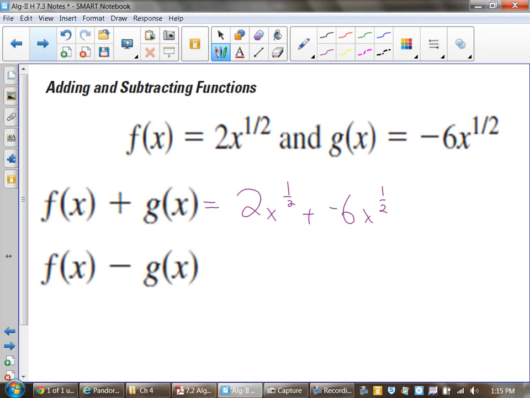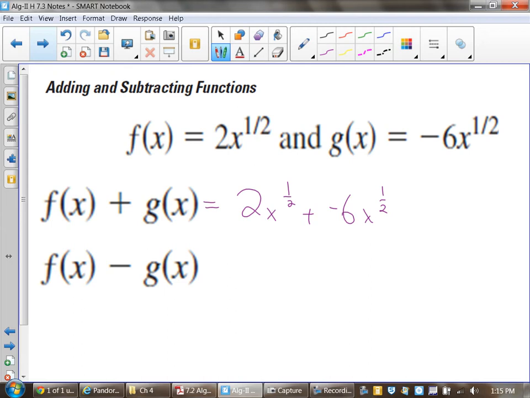Okay. What's the point? Why can't we just write 2 plus 1 over the 2 power, whatever it was, plus negative 6 plus 2, or not plus, it's whatever power, 1/2 power. That's what we are doing. But why do you have to write the f of x and g of x?